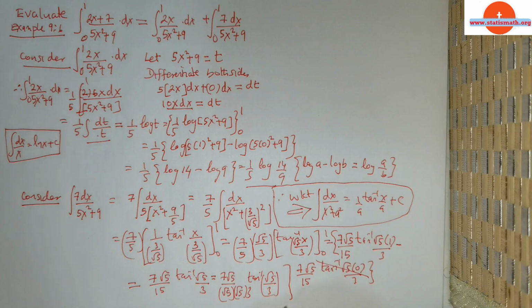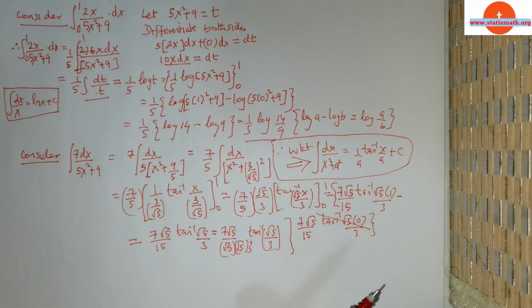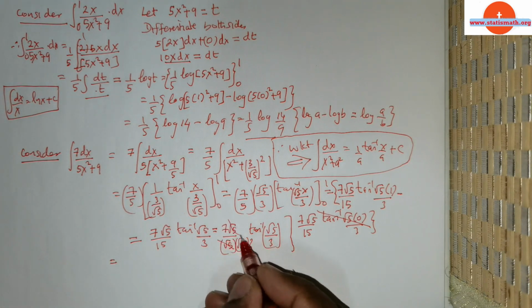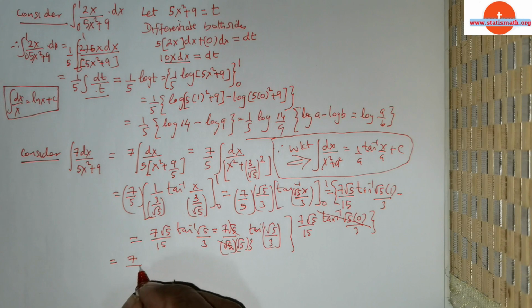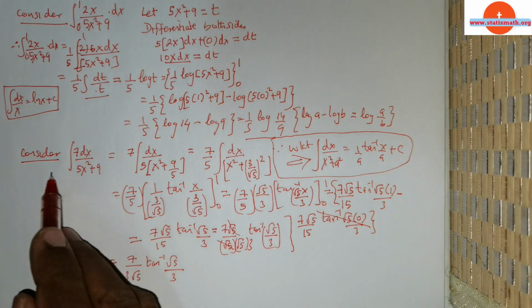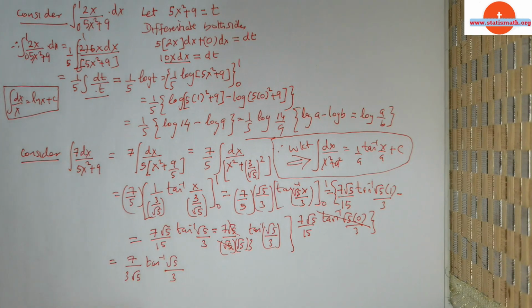So this is what I would be doing with the solution that I have got. Now root 5 can be cancelled, giving me 7 divided by 3 times root of 5 times tan inverse of root of 5 divided by 3. So this is what I have got from considering the second part.